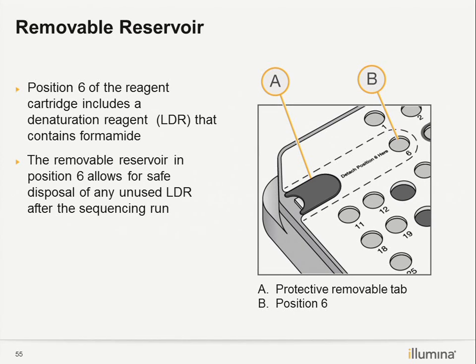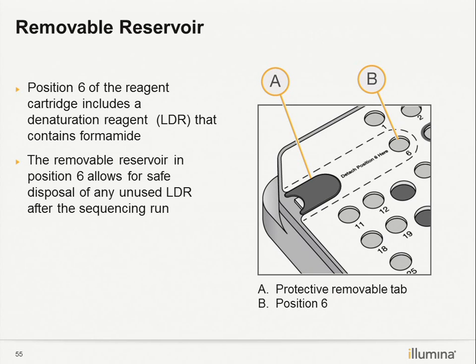Okay. And after completion of the run, for waste disposal, the reagent cartridge, the only well that you may be concerned about is number 6. Position number 6 is an LDR buffer which contains formamide, and you need to dispose of it properly. The design is that after the run, the instrument will suck up all the remaining reagents to the waste buffer.